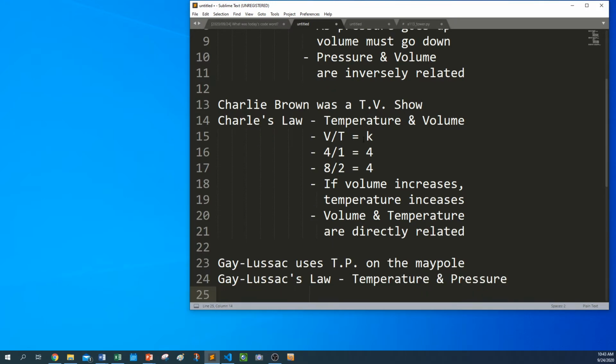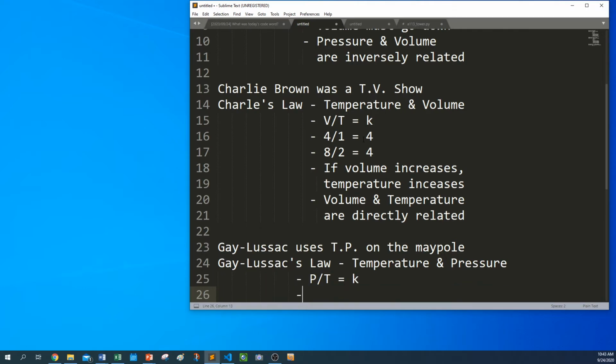So going back to the combined gas law, we have PV over T. So removing the volume, pressure divided by temperature is equal to some constant. Again, we can make up values so that our K is just some value, 4.